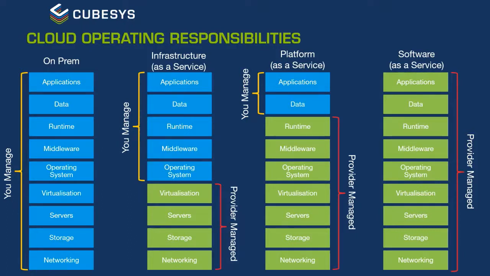And then as you move more to the right, from infrastructure to platform to software as a service, your responsibility starts to decrease, and the managed provider, Azure or Amazon, for example, takes on that responsibility for you.